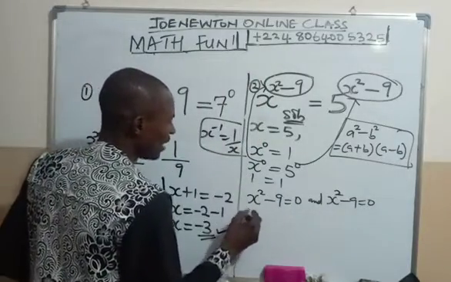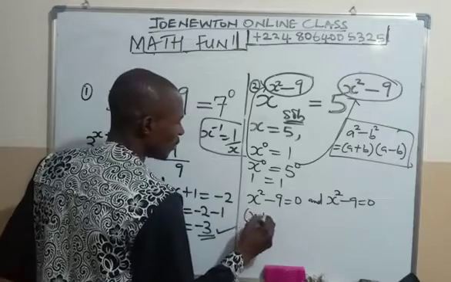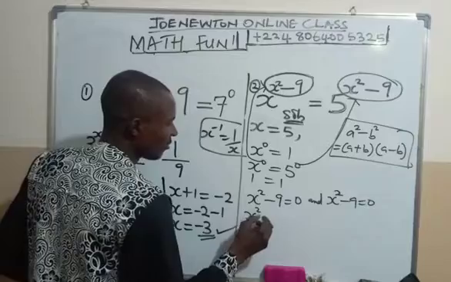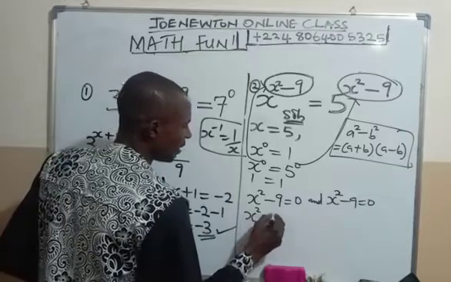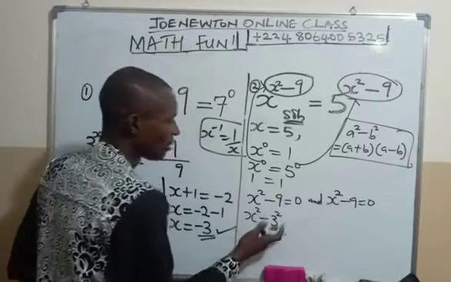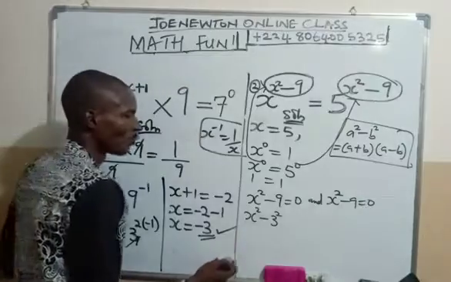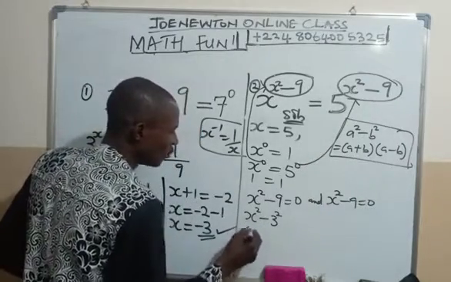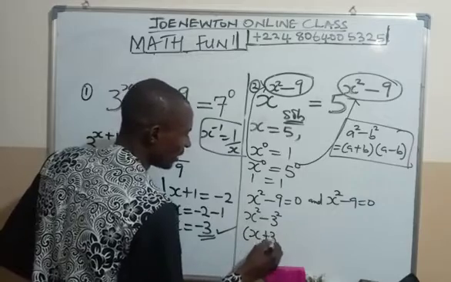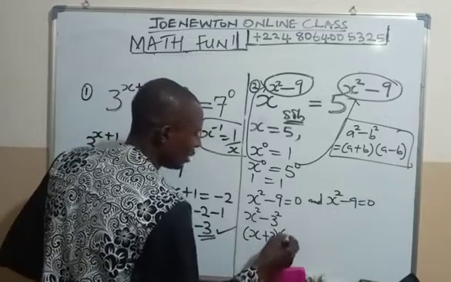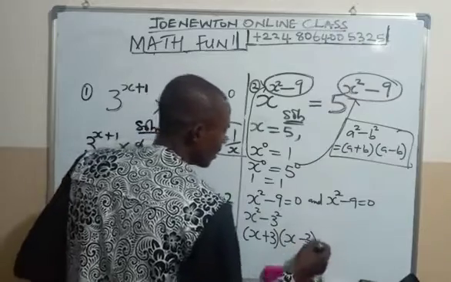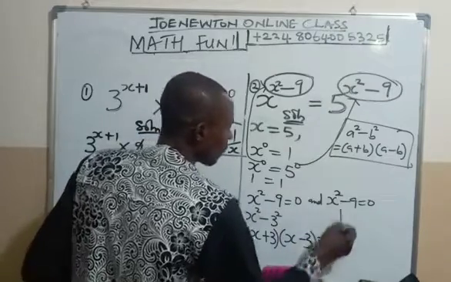Let me evaluate this further for clarity: x power of 2 minus 3 power of 2, because 3 power of 2 will give you 9. So applying this principle here, we now have bracket open x plus 3, bracket close, into bracket open x minus 3, bracket close, equal to 0.